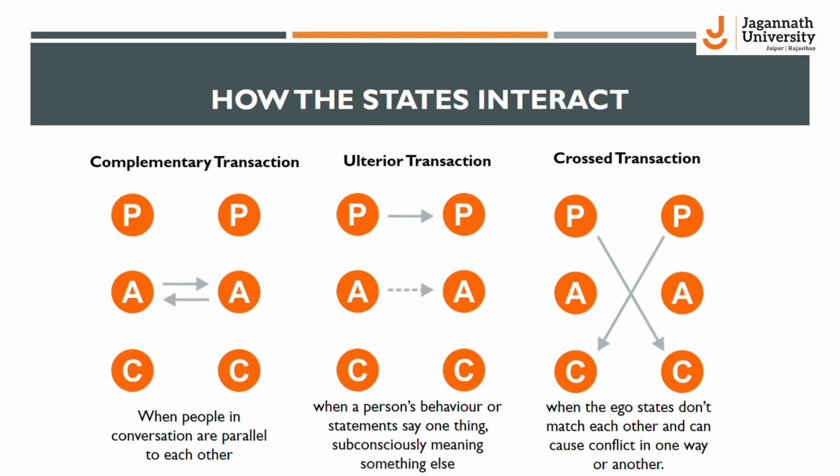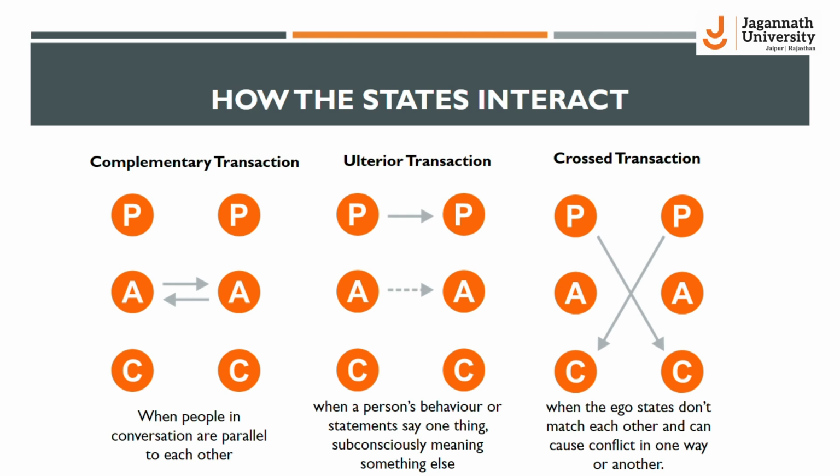When the people in conversation are parallel to each other, so adult to adult the transaction is taking place, it is known as complementary transaction. Then cross transaction. When the ego states don't match each other, it can cause conflict in one way or another.